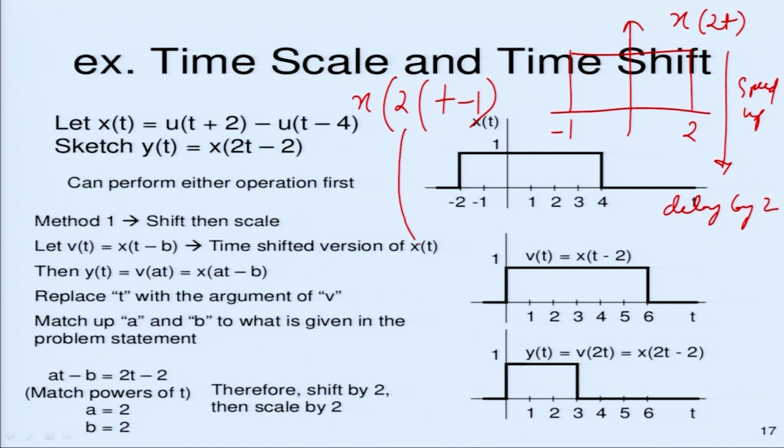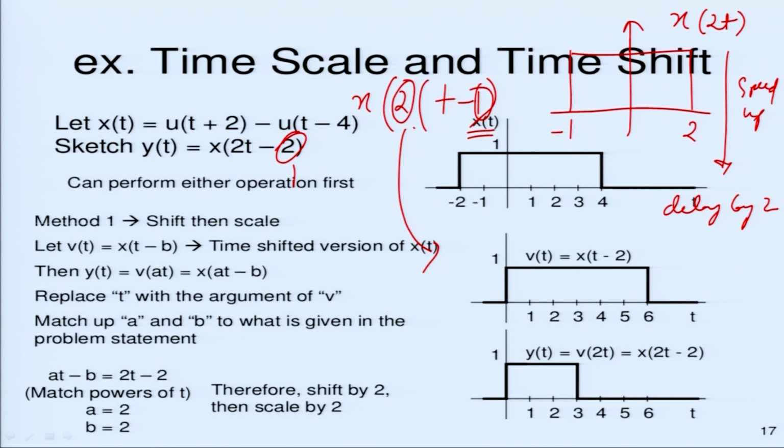Since you have already scaled it by 2, you cannot delay it by 2; you will have to delay it by 1 second, because you have scaled the time already. When you scale the time first, the delay time also gets reduced, because you have sped up first. Earlier we delayed by 2 in the delay-first method; here we only delay by 1.